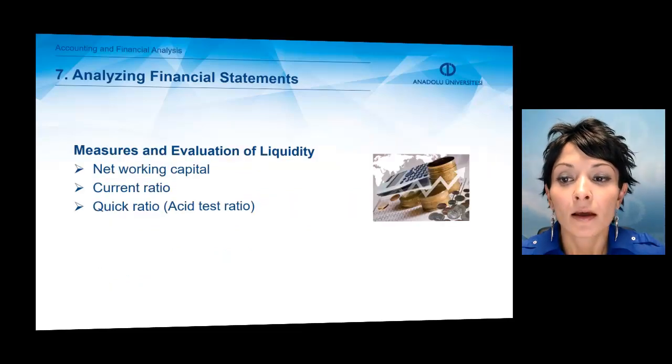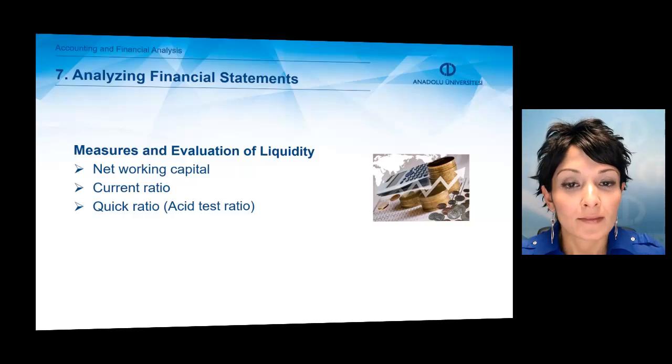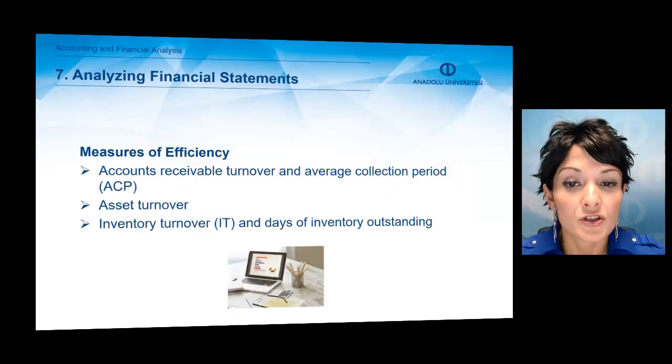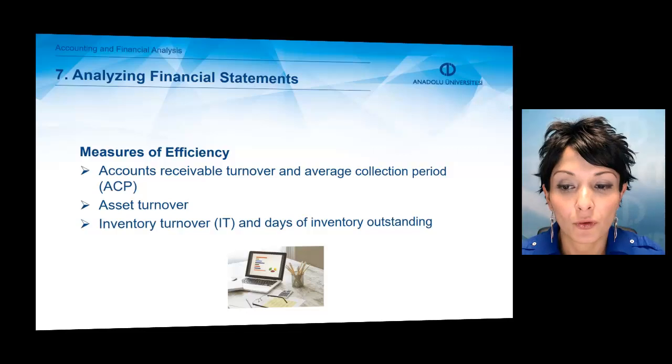The first one, to measure and evaluate liquidity, we can use net working capital, current ratio, and quick ratio. To measure efficiency, we can use accounts receivable turnover and average collection period, asset turnover, inventory turnover, and days of inventory outstanding.